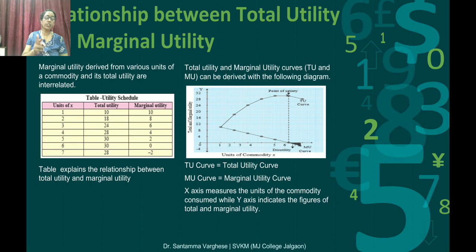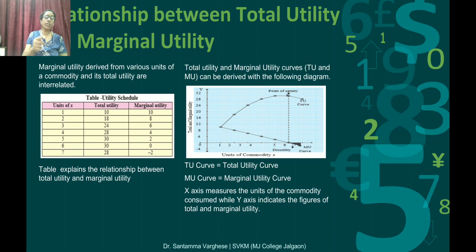After consuming the 2 units of X, the total utility is 18 and the marginal utility is 8. How is the number 8 derived? You can see that 18 minus 10 is equal to 8, because of the addition to the total. First it was 10, and what increase was there? 8. So the marginal utility is 8.